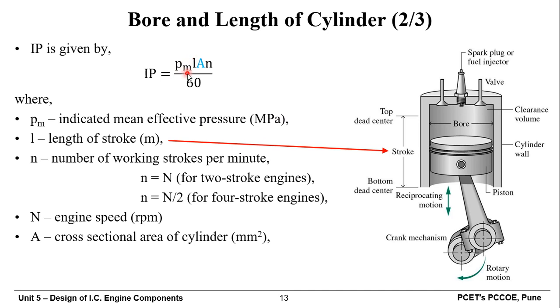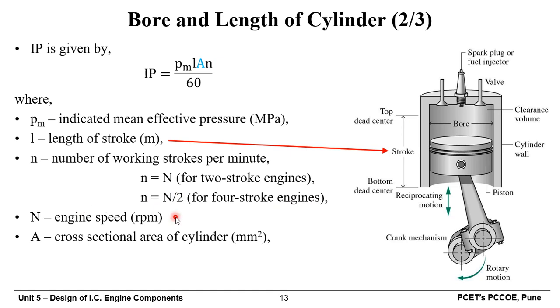Then L is the stroke, that is the distance between top dead center and bottom dead center. A is the area of the cylinder or cross sectional area of the cylinder, denoted by A. Then n is number of working strokes per minute, and which is equal to N for two stroke engine, and small n is equal to capital N by 2 for four stroke engine, where capital N is engine speed.